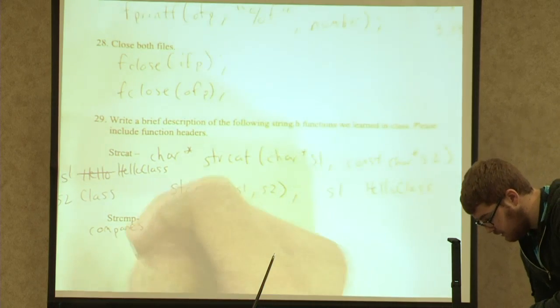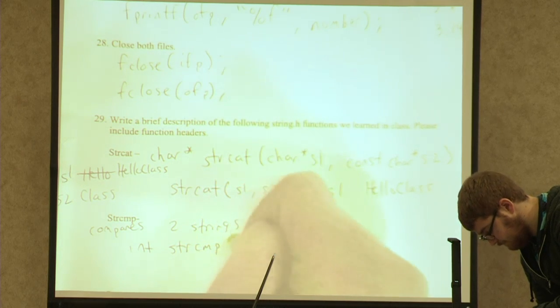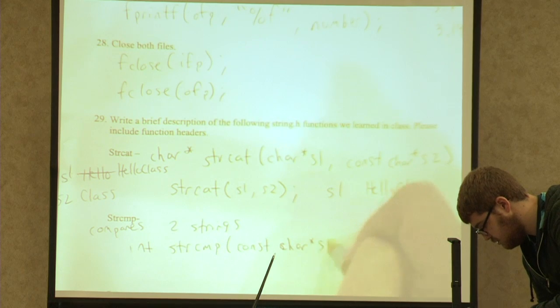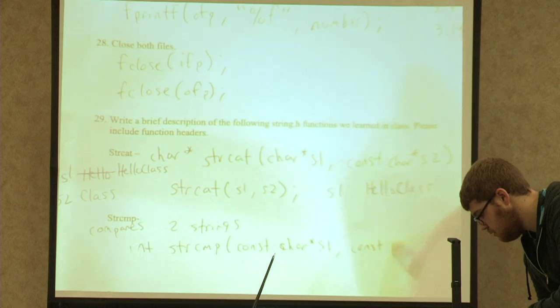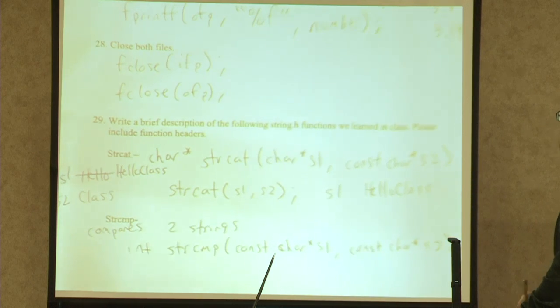And then, like you guys said, it's going to return an int, and it needs two strings. We have a word, and then a word that is the same but with an extra letter at the end.